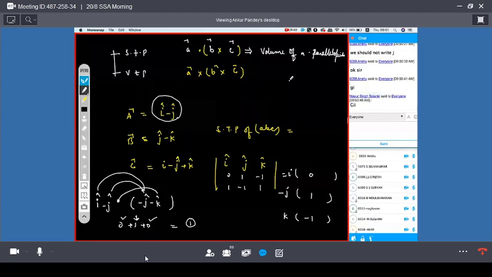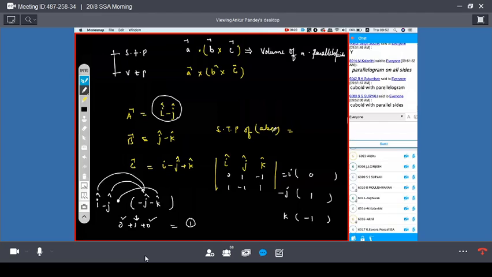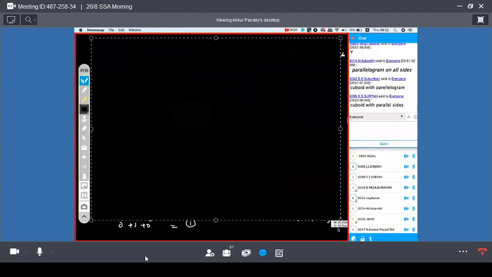Have you seen a cuboid? If I make a cuboid, but instead of using a rectangle, I use a parallelogram, that is a parallelepiped. Okay? Very good.